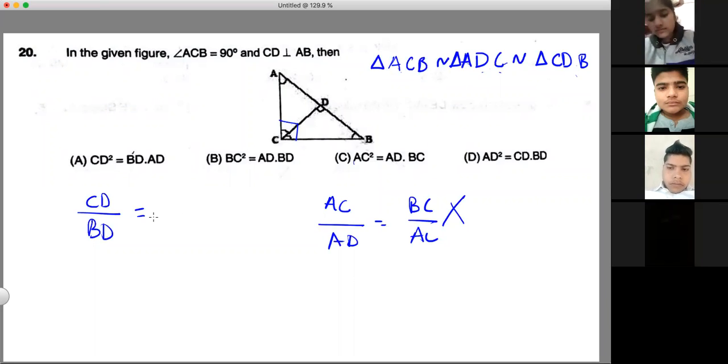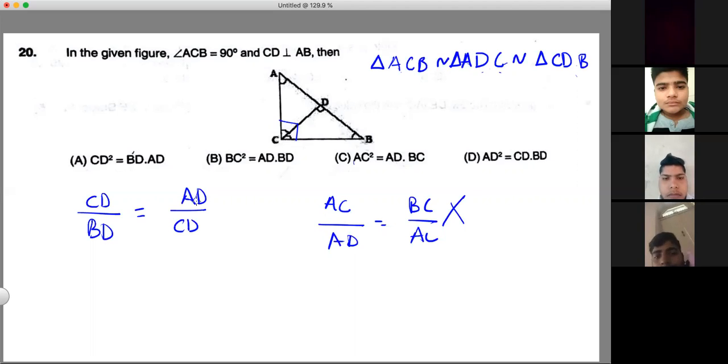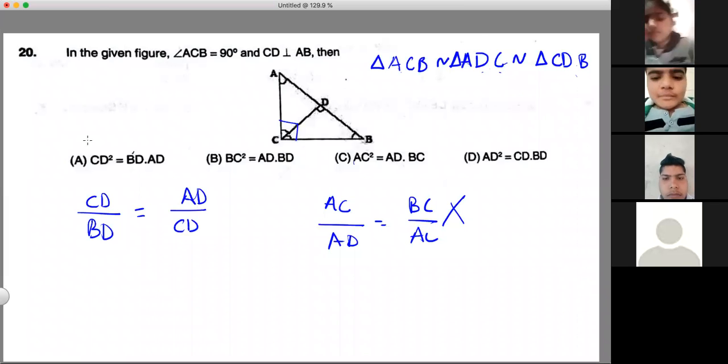Then I'll have CD here, AD. Now let's see, CD by BD is fine, and AD by CD. So this is definitely correct, right?